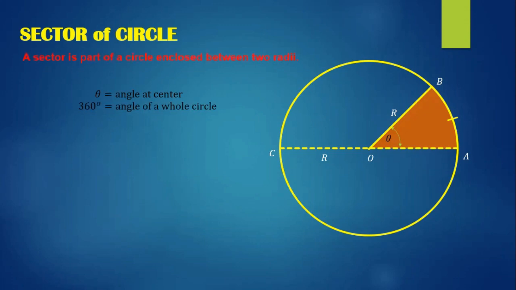And as we know, 360 degrees is the angle of a whole circle, right? So the angle of a whole circle is 360 degrees.